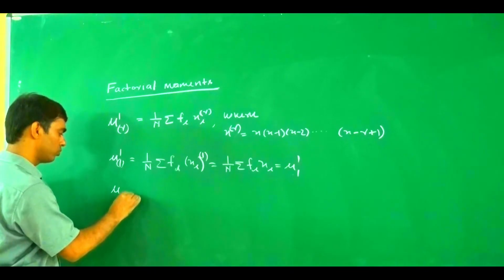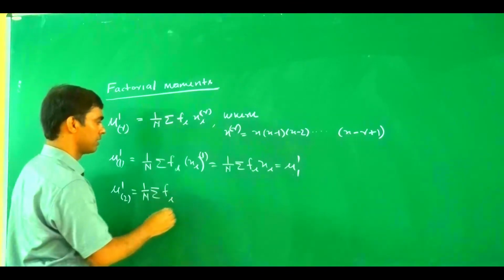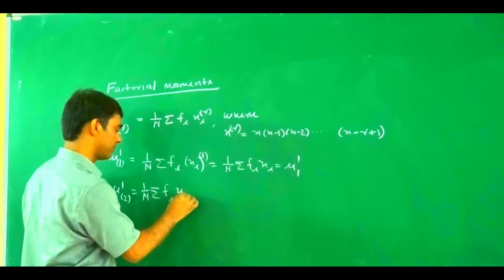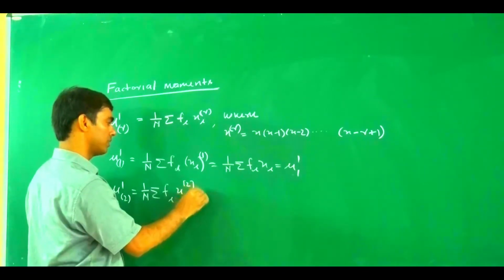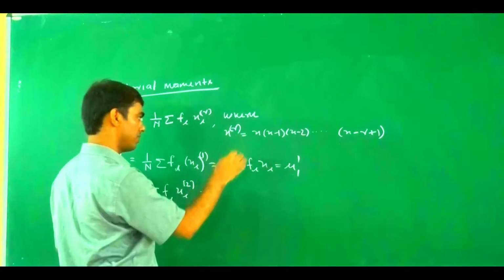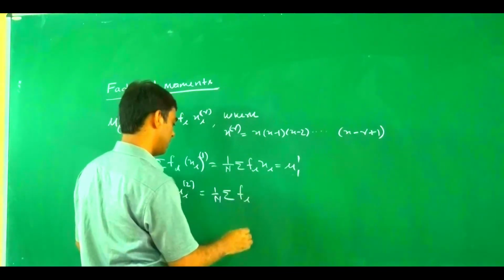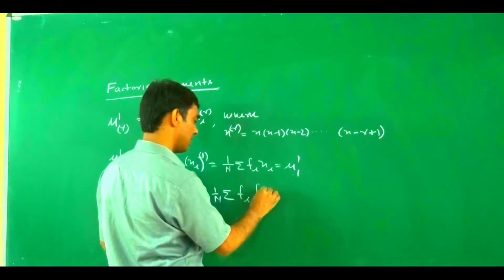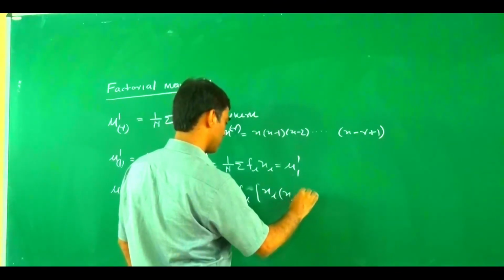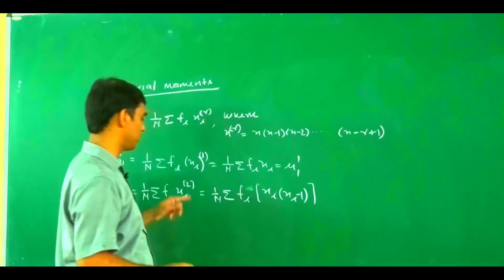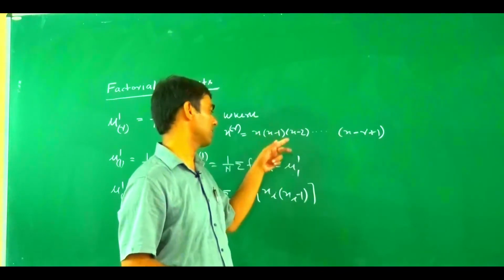Similarly, we write mu 2 dash, which equals 1 upon n summation of fi, xi, and here r equals 2. So this becomes 1 upon n summation of fi, xi times xi minus 1, because r becomes 2, so x minus 2 plus 1 gives x minus 1.